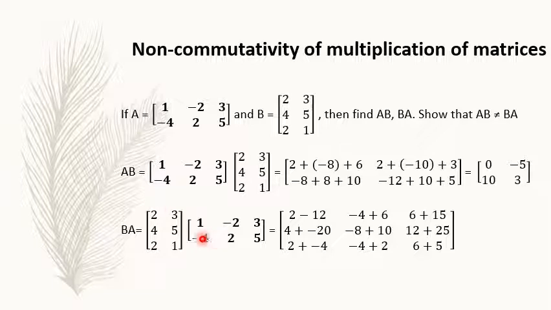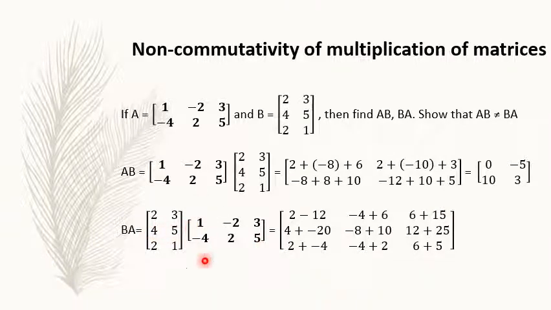So here BA equals: first row, first column, 2 into 1 plus 3 into minus 4. Now, first row, second column, 2 into minus 2, minus 4, 3 into 2, 6. First row, third column, 2 into 3, 3 into 5.